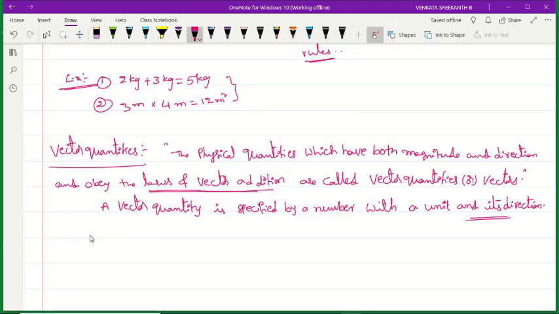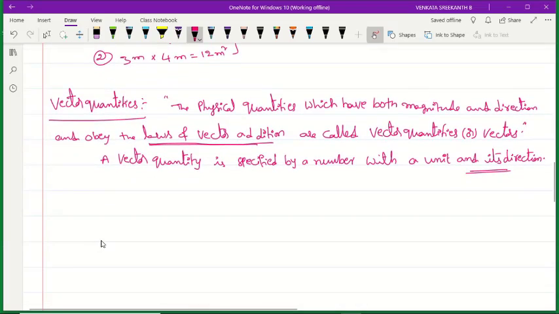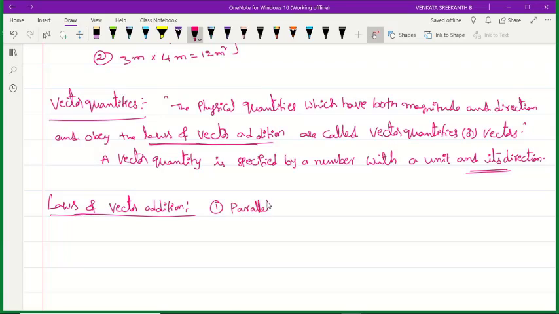There are three laws of vector addition which we are going to discuss in this chapter. First is the parallelogram law of vector addition.